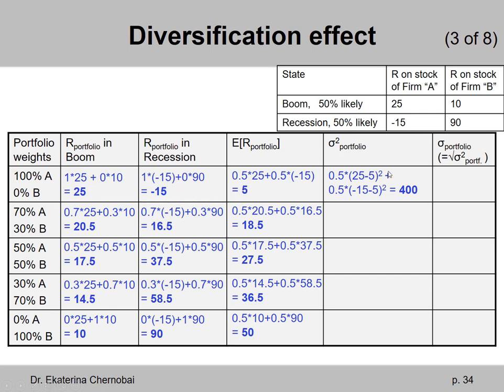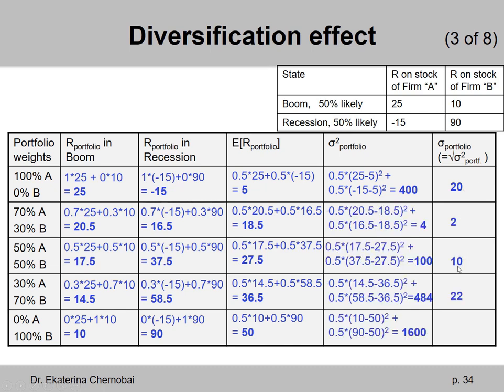And that difference is squared, plus the probability of the portfolio in the recession state, 50%, or 0.5, multiplied by the portfolio return in the recession state, minus 15%, minus portfolio expected return, 5. And the difference is squared. This gives us 400. The square root of that is 20. 20% average distance from the 5% expected return in either direction.